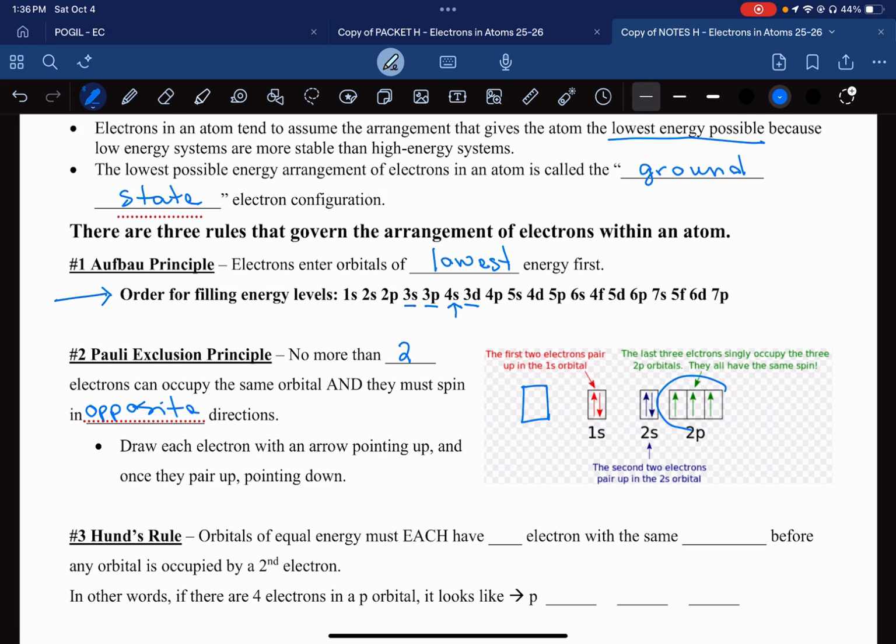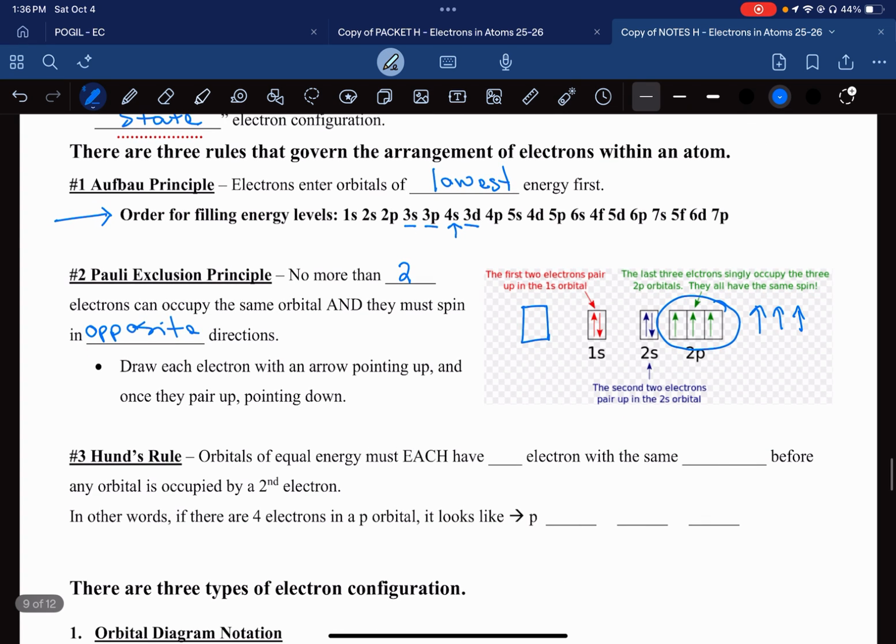And then in this case, where we have three orbitals within a sublevel, we have to draw up, up, up. Now this is actually a different rule. Pauli is the one that says two can fit in there, and one is spin up and one is spin down.